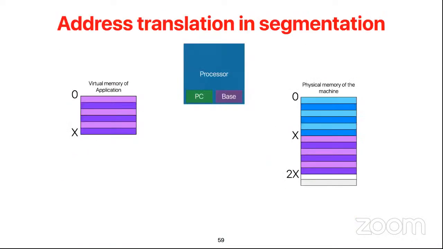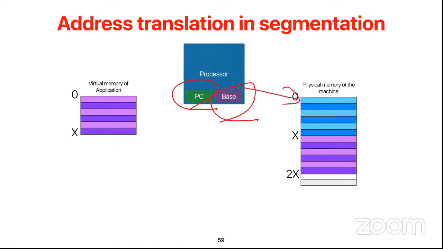What happens in the address translation is that when you are running this process on a specific processor, in addition to the program counter indicating where the current instruction is, you also maintain a base register to tell you the starting address of the segment.